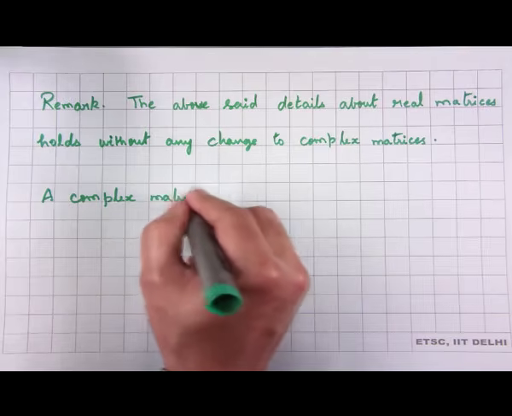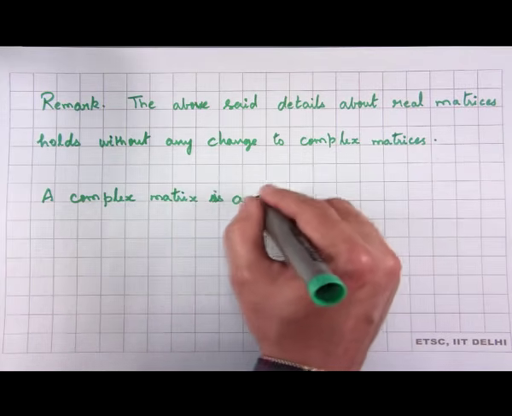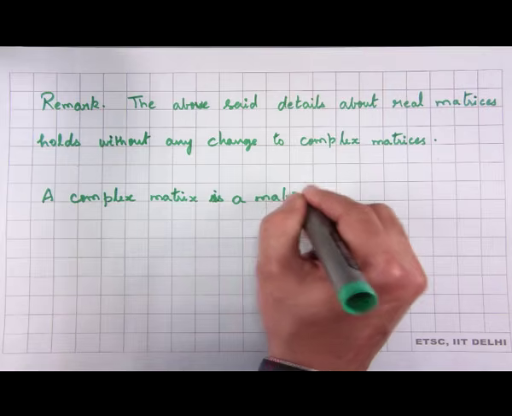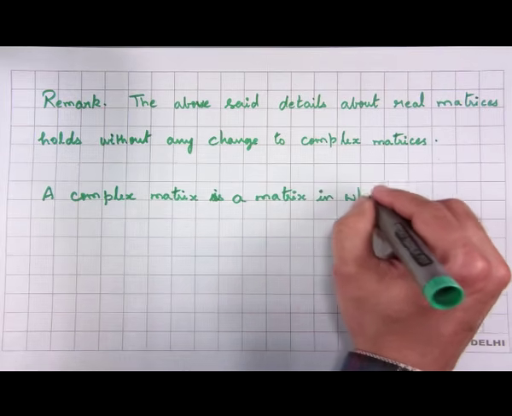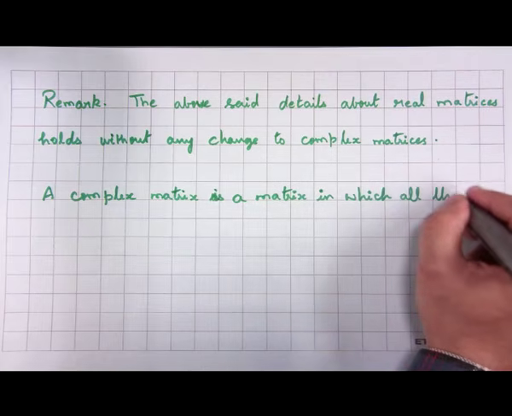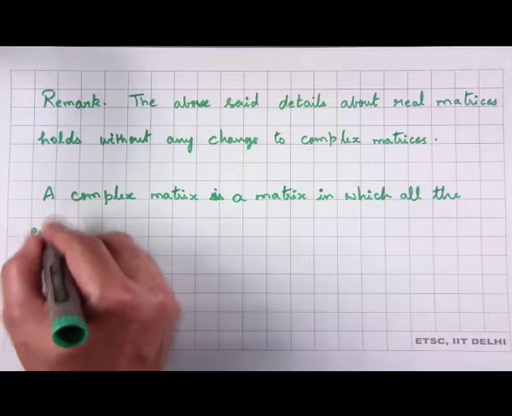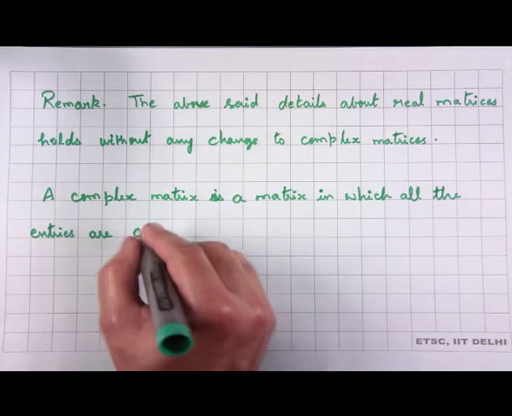So, what is a complex matrix? A complex matrix is a matrix in which all the entries are complex numbers.